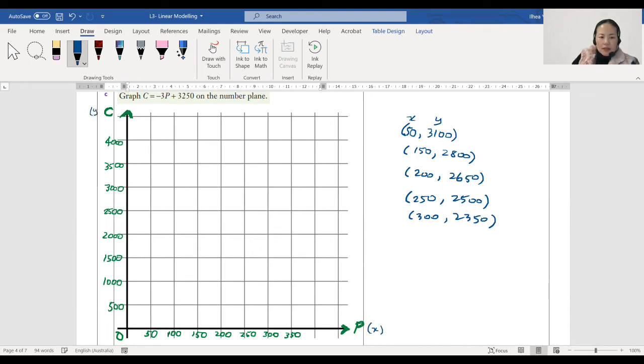I'll just put that in so that you don't get confused. 50 and 3,100, just roughly here. 150 and 2,800, roughly here.